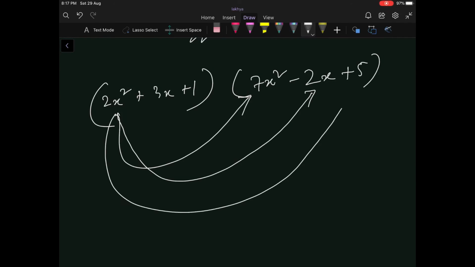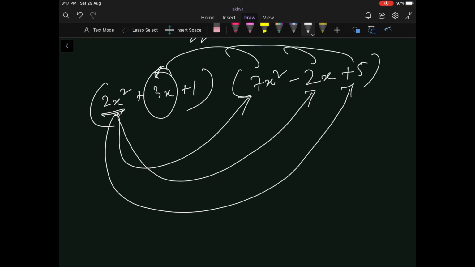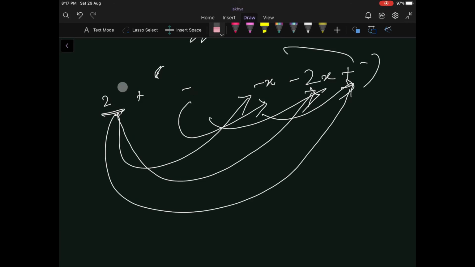Then you have to multiply the second term with all the three terms. Then you have to multiply the last term with all the three terms. That's how you can find the product of any polynomials.